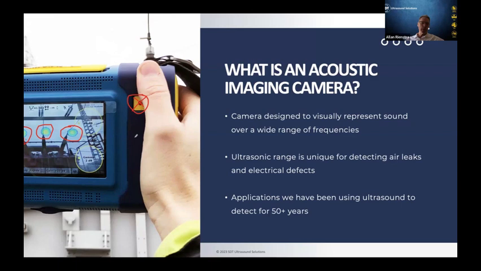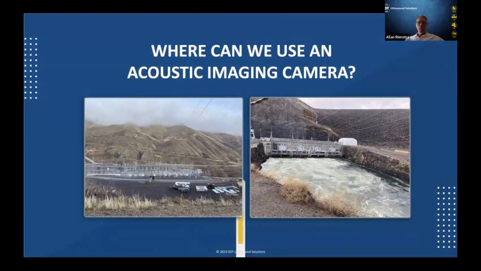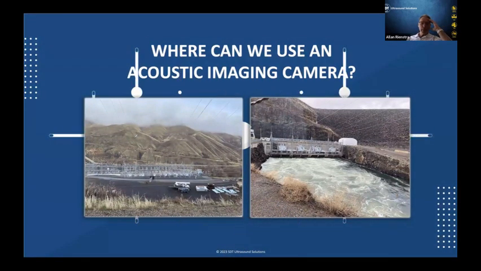We can also safely inspect substations and the like, and from a safe distance, we can always be on the safe side of the fence with an acoustic imaging camera.